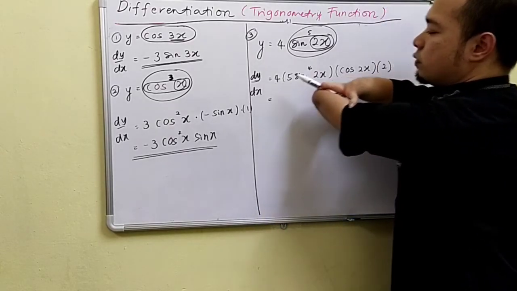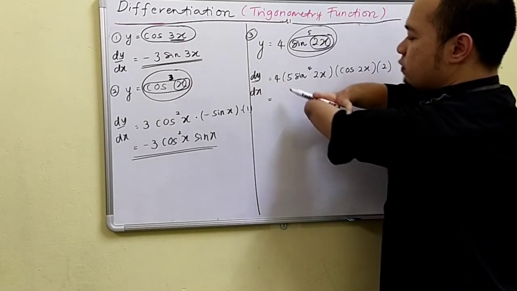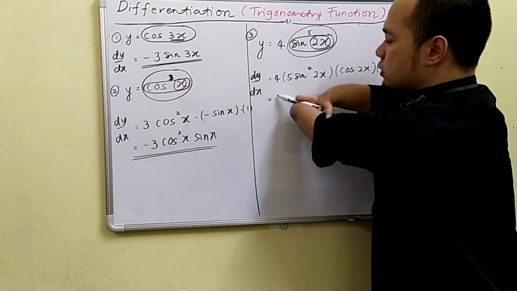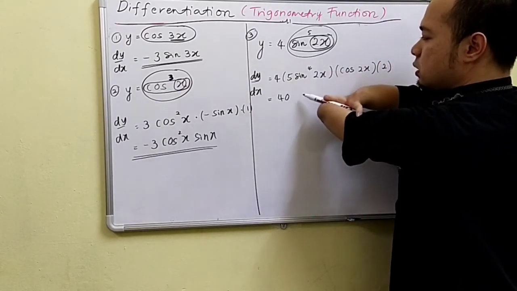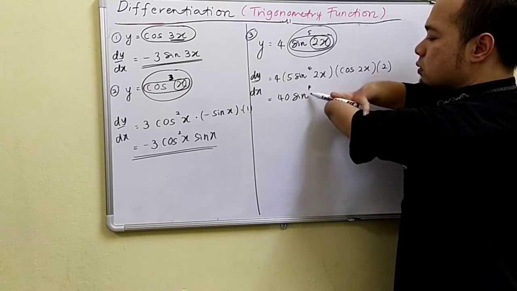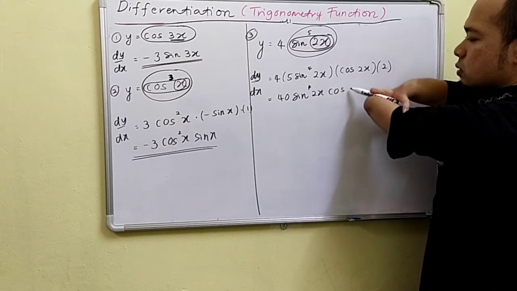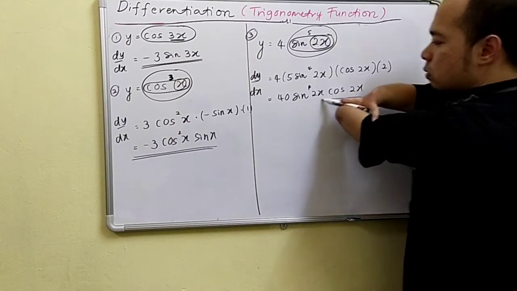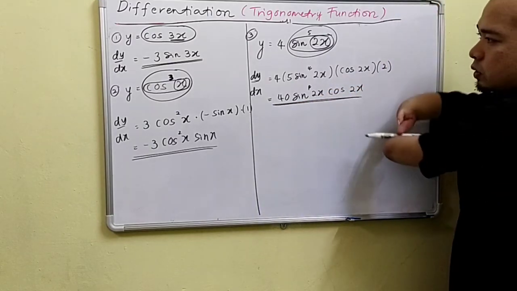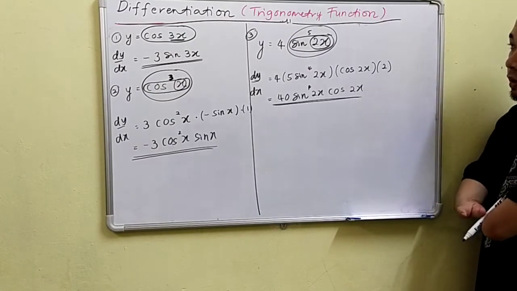This constant number 4 and this constant number 2, multiply them with this number 5. So 4 times 5, 20. 20 times 2 is 40. So 40 sine the power of 4, 2x cos 2x.